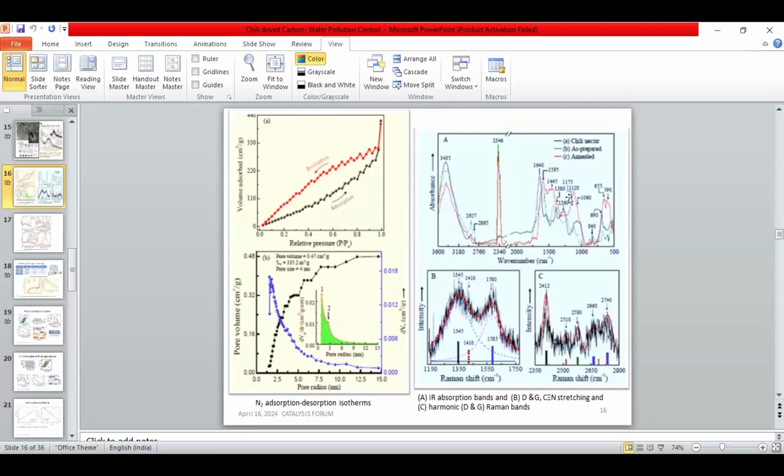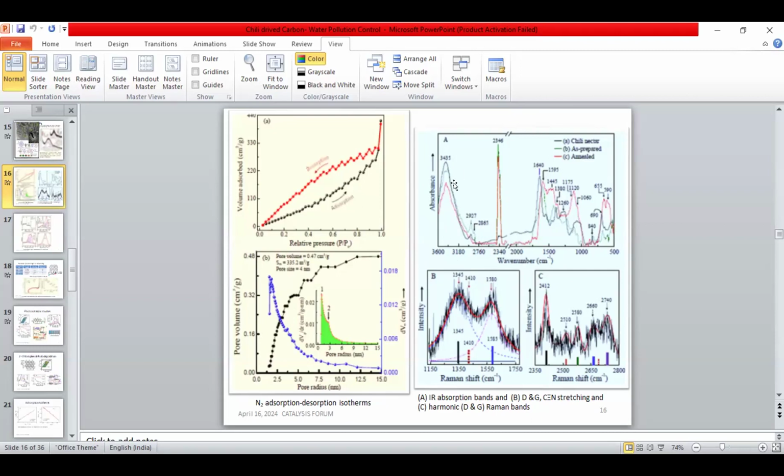The right side figure, the first top figure, shows the IR spectrum. So the FTIR spectra of two types of samples were taken. The black one is the chili nectar, the chili juice, and here we can see certain peaks which correspond to the compounds present in the chili juice.